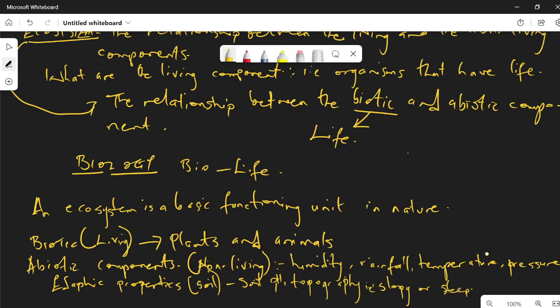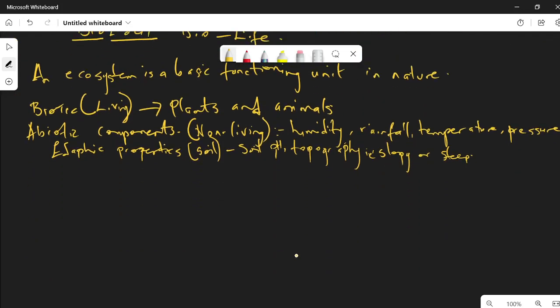So all of these are what we study under the non-living components. So when we talk about the living components, we are talking about those substances that have life in them, while the ones referred to as the abiotic components are the non-living components. So I believe that aspect of the notes is very clear to us.